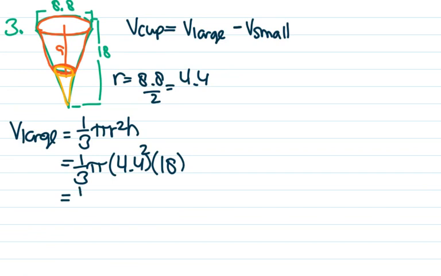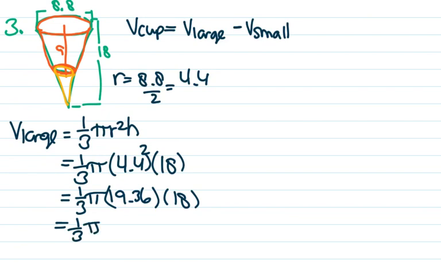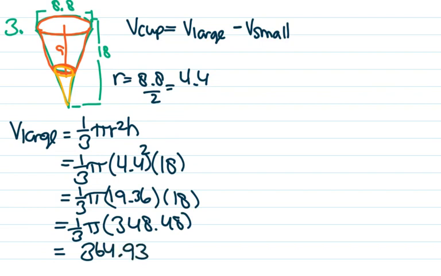I'll just do one step at a time. So 4.4 squared is 19.36. 19.36 times 18 is 348.48. And then multiply all of that together is 364.93. So that's the volume of the large cone.